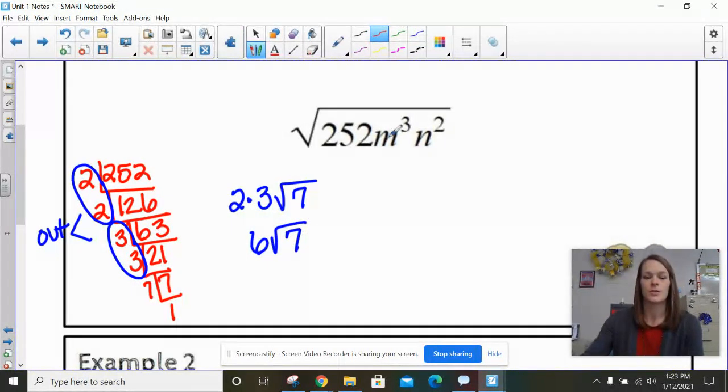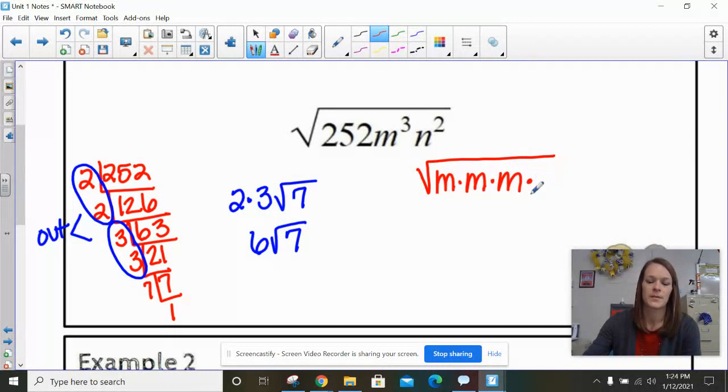Okay, now when you do the letter part, so that was the number part, you want to just break these down all the way. So m to the third is m times m times m. And then n to the second is n times n. We're using the same concept here in that you circle pairs like you do over here and pairs come out.